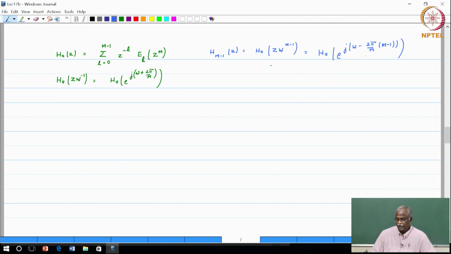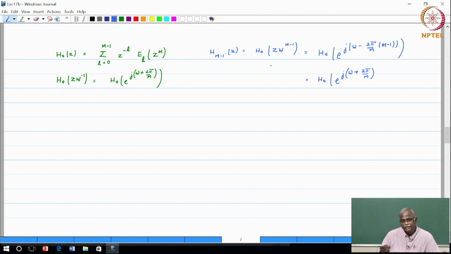Look at the argument of the exponent, e power j omega minus 2 pi over M into M minus 1. If you simplify, you can verify that this is nothing but e power j omega plus 2 pi over M. So, basically H of M minus 1 and this H naught of Z W inverse are the same.